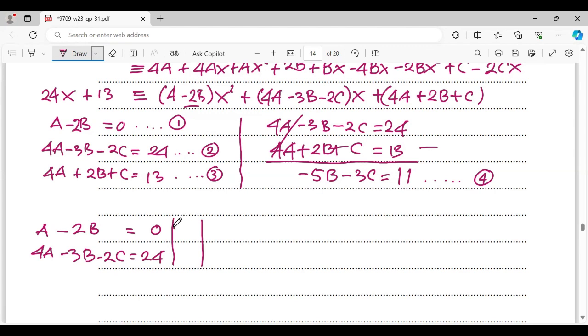I'm going to cancel a. It means we're going to eliminate a: 4 times 1. 4a minus 8b equals 0. 4a minus 3b minus 2c equals 24.